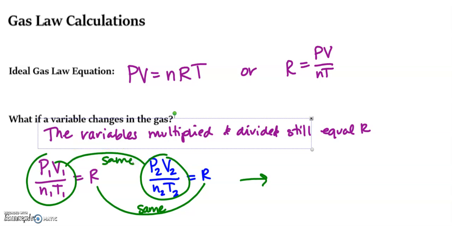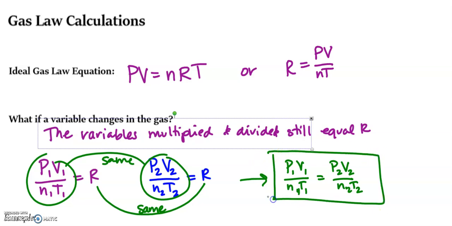If they both equal R, then could we take those two and say the pressure, volume, moles, and temperature at this first time would also equal the pressure, volume, moles, and temperature of the second time? So we can use this right here to look at variables in a problem.